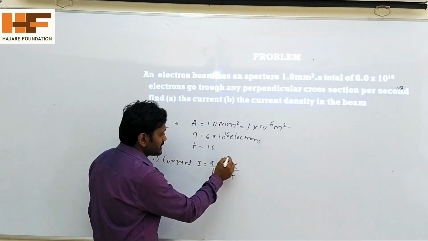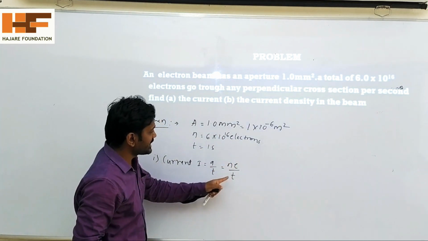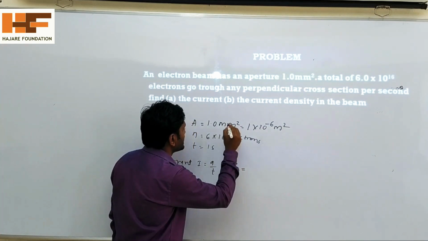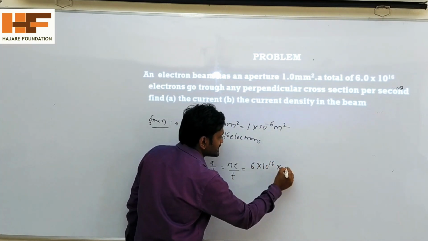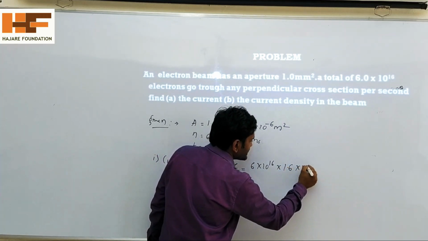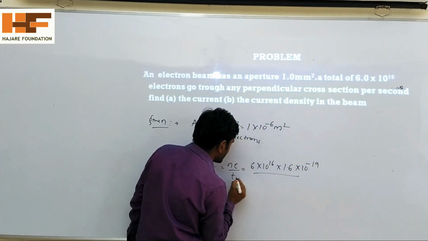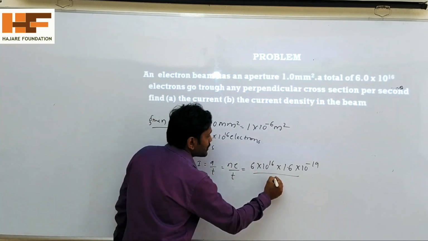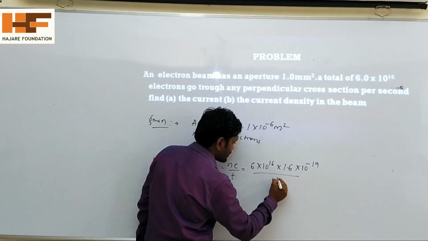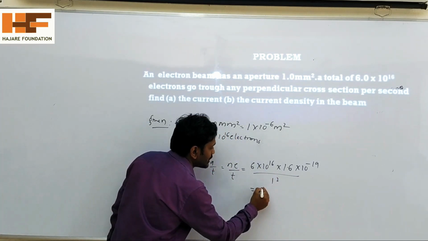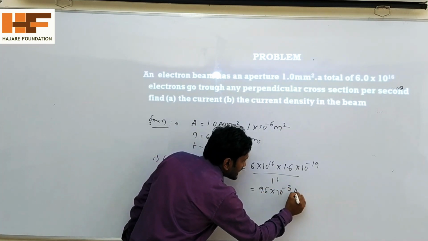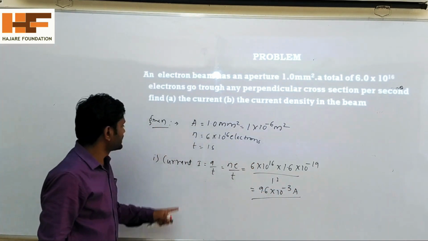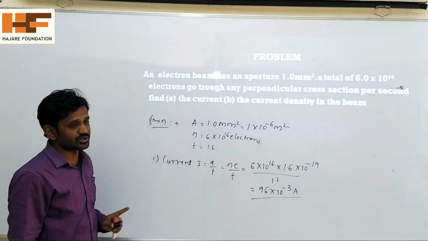Here we know the values of n, e and t. Substitute: n is equal to 6 into 10 raised to 16, e is equal to 1.6 into 10 raised to minus 19, divided by t is equal to 1 second. This is equal to 9.6 into 10 raised to minus 3 amps. It is the current in the aperture.